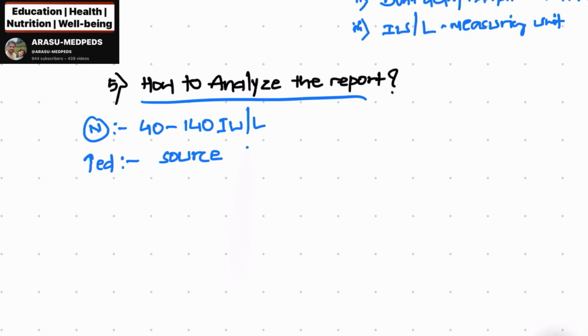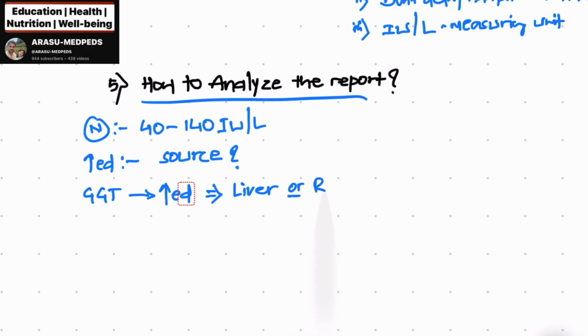Among the sources, we have already discussed mainly five things: whether it is placenta, germinal tissue, intestine, bone, or, more commonly, liver. So find out the source. This is very important, and that will be done mainly based on the history. We have to check for co-elevation of other molecules like GGT. If it is elevated, it indicates that it is probably a liver or biliary disorder.